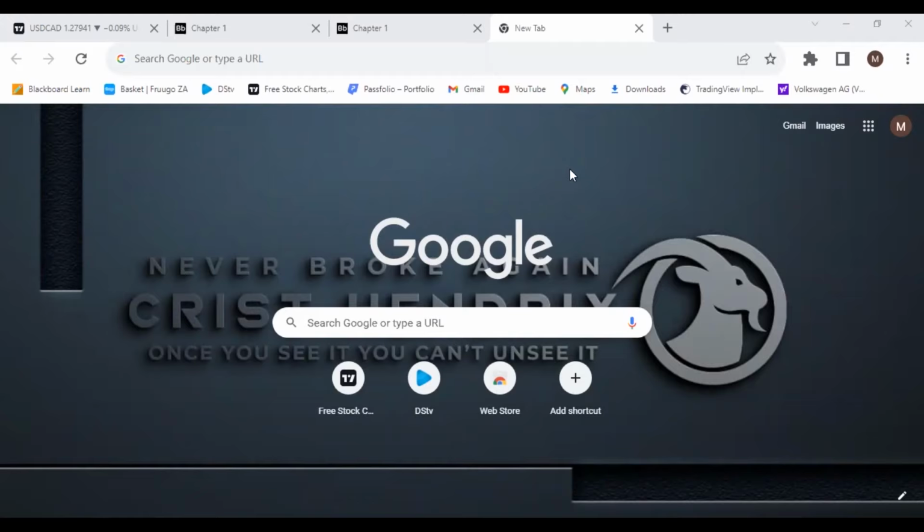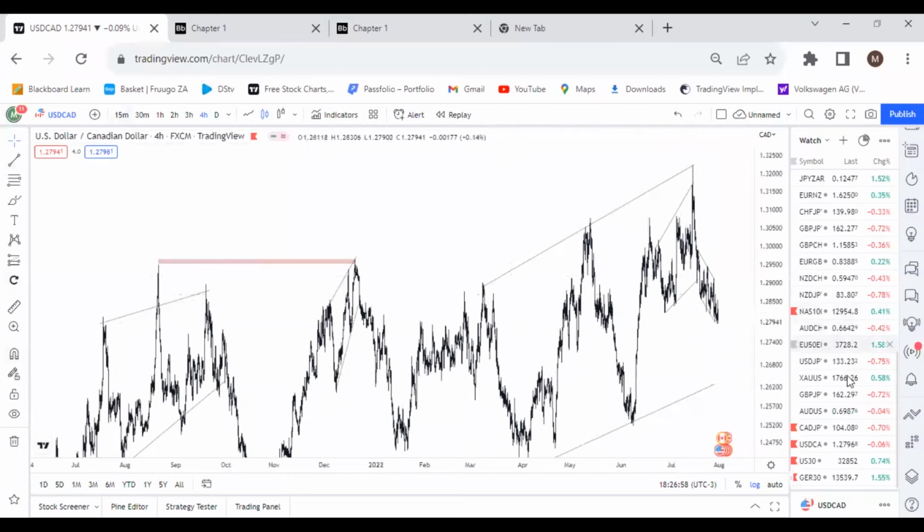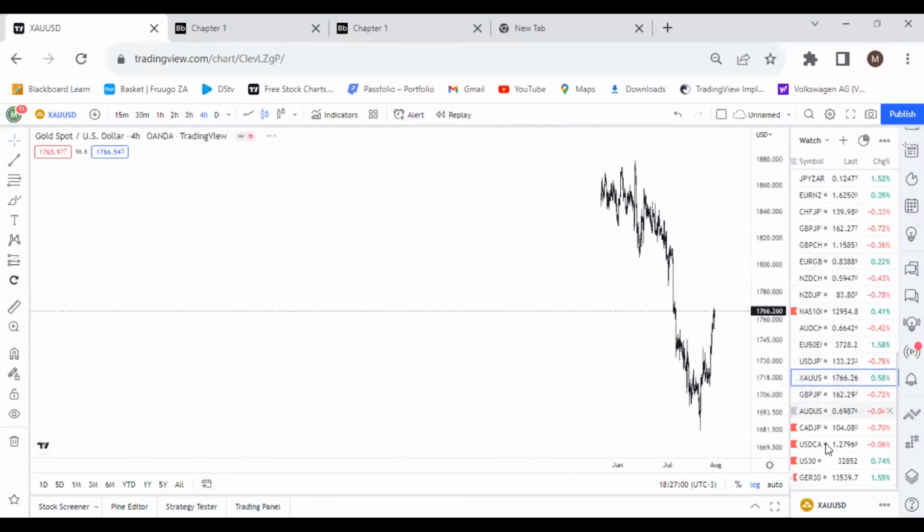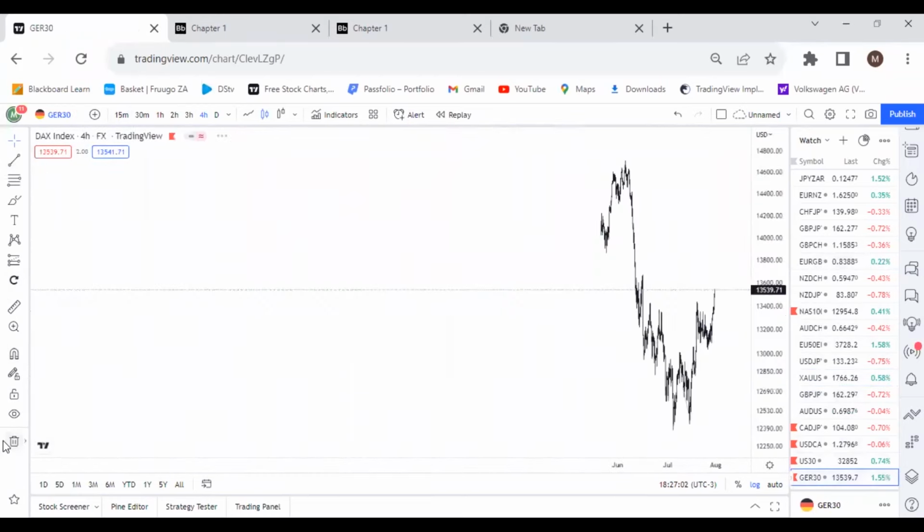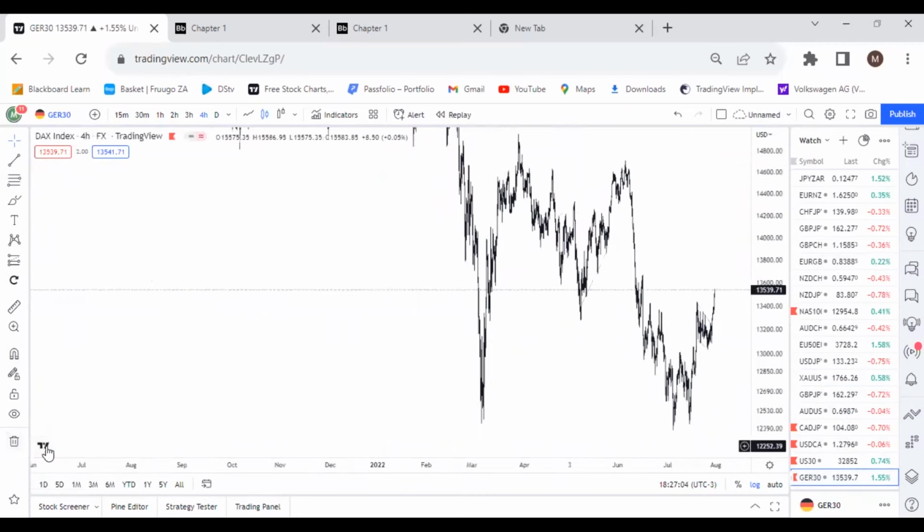So today I'll just be going through a few setups, mainly GER30 as well as US30 and maybe a few currencies. So I'm just gonna jump into my TradingView platform, and I'm gonna start off with GER30.